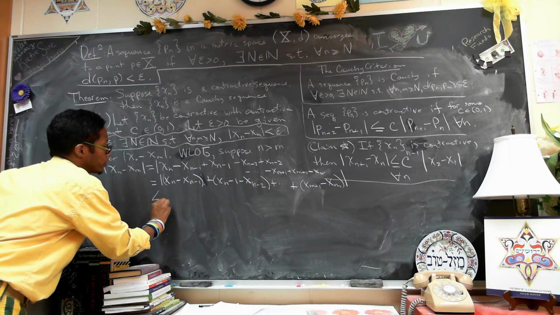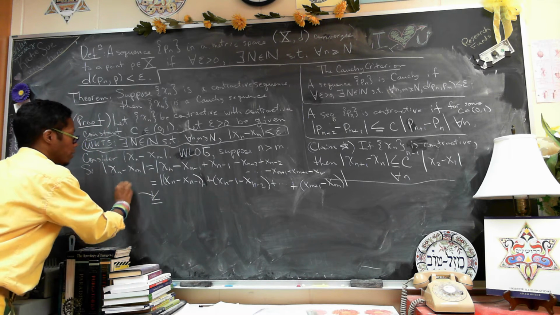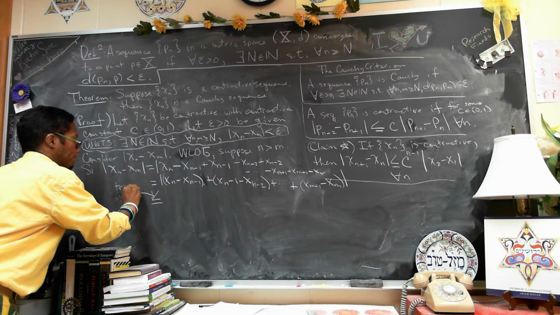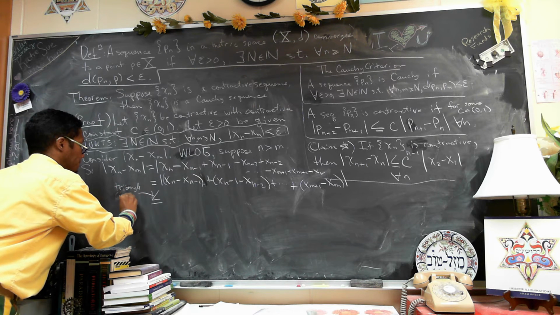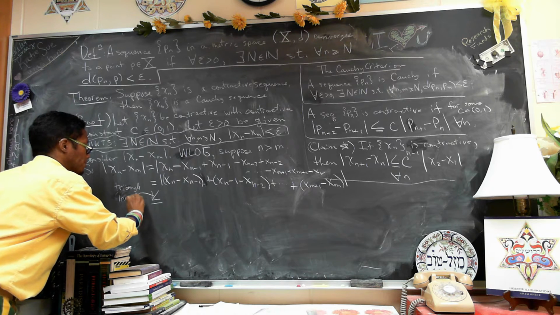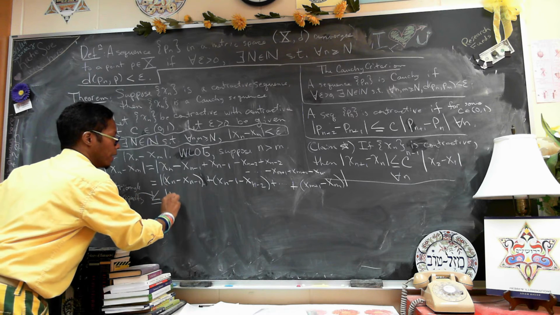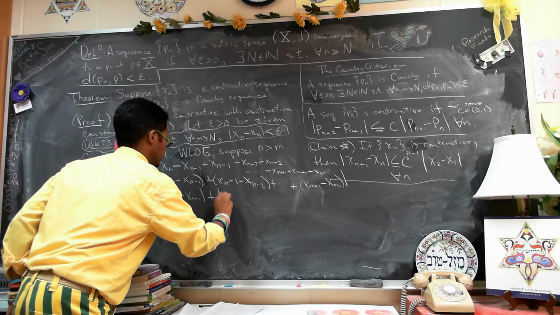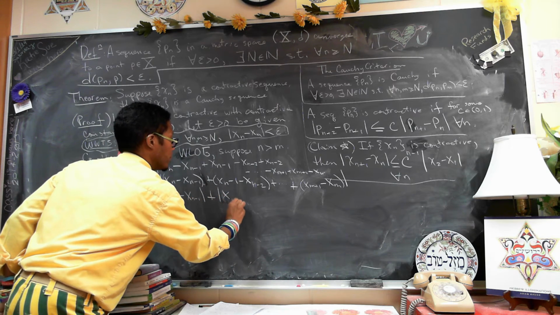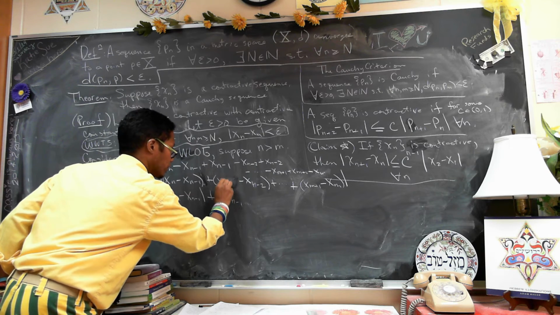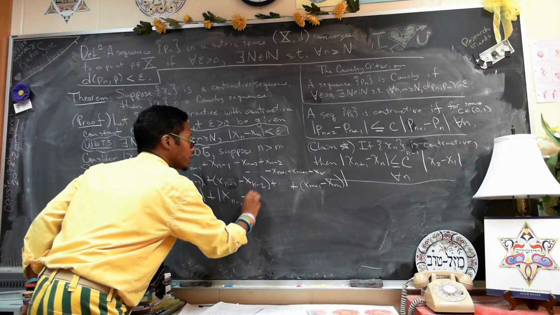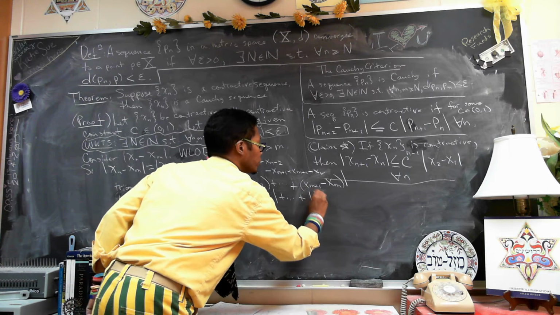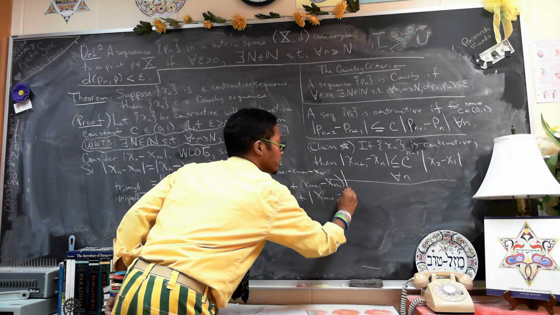And then this is less than or equal to, by the triangle inequality, the following. The absolute value of x sub n minus x sub n minus 1 plus the absolute value of x sub n minus 1 minus x sub n minus 2 plus dot dot dot down to this last term, x sub m plus 1 minus x sub m.